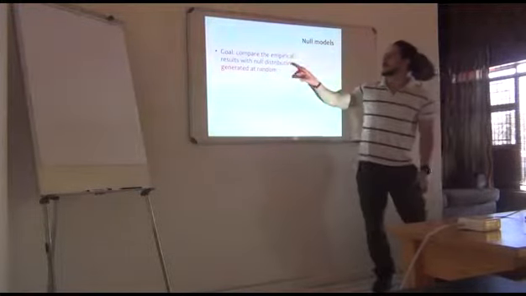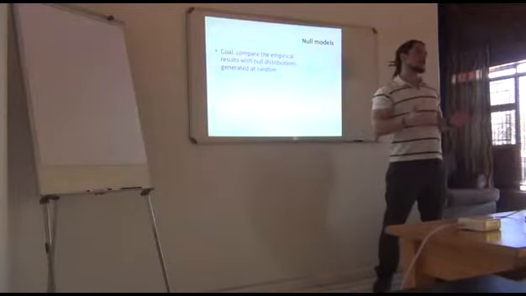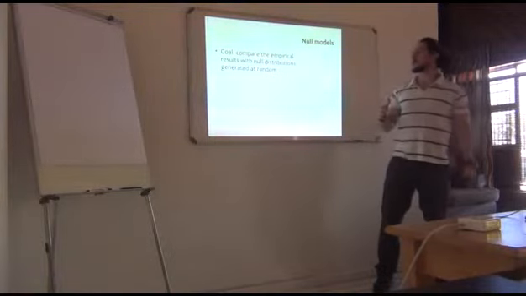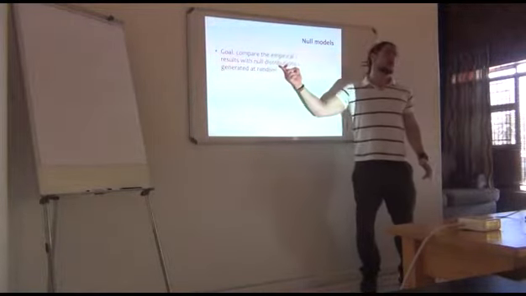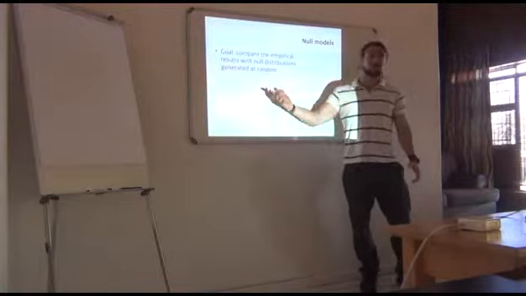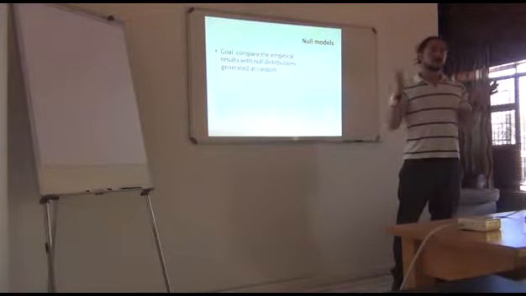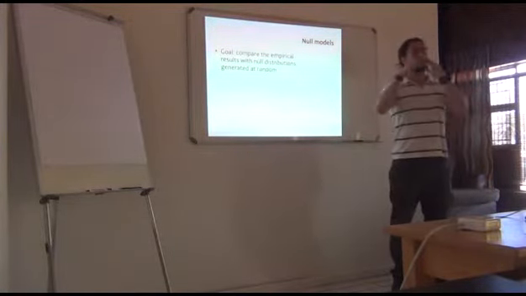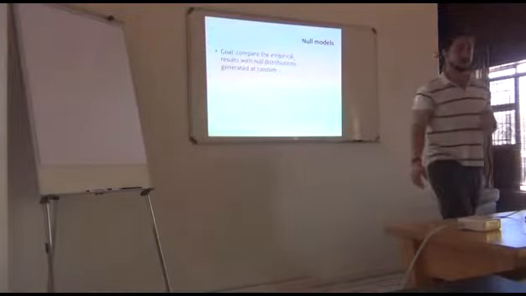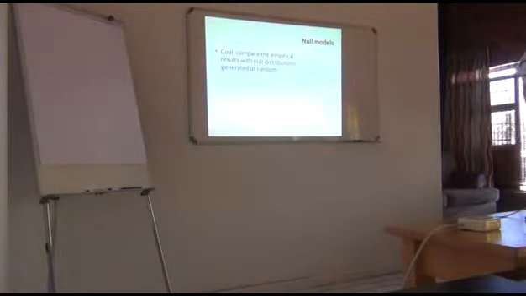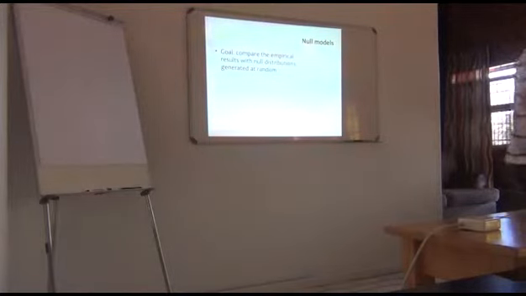Our goal here is to compare our empirical results, so our association matrix in this case, with a new distribution generated at random. So we're going to use our own data to create our own benchmark distribution. Does that make sense? So if you don't have a theoretical one, we go and create our own.